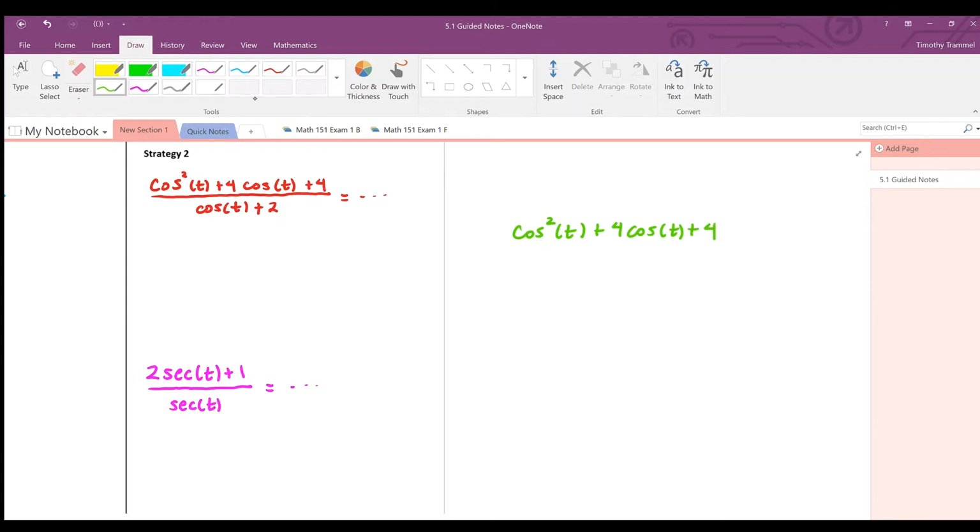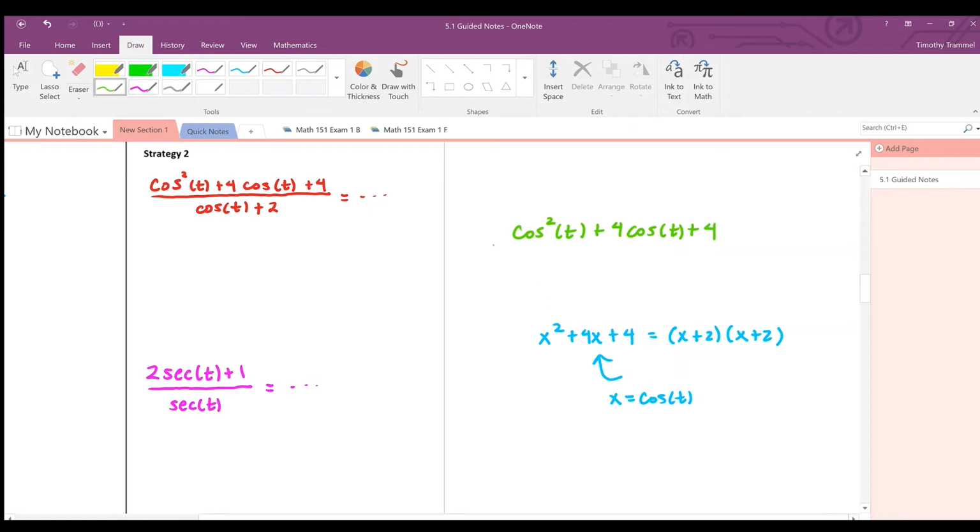Now, this might remind you of something, which is, how about x squared plus 4x plus 4? And that's something you know how to factor. Well, these x's here are really just, in our equation up above at least, in place of cosine of t.